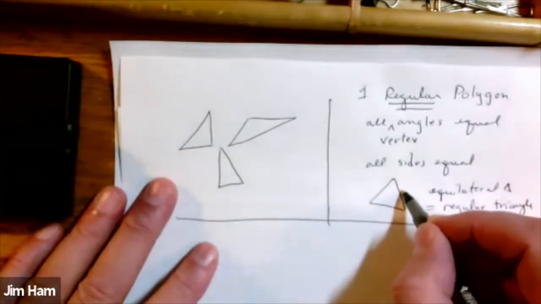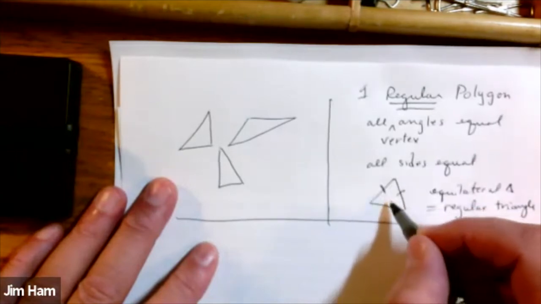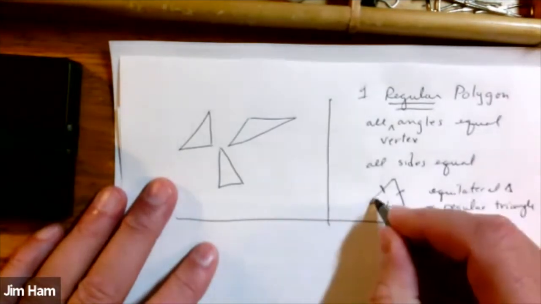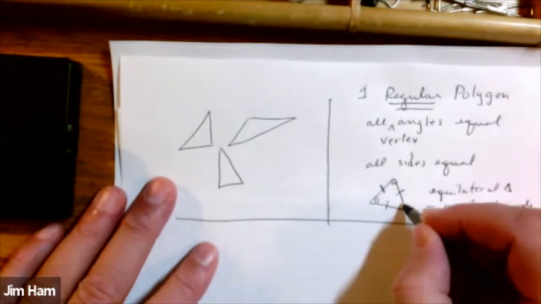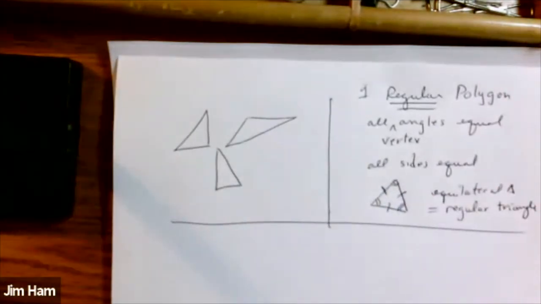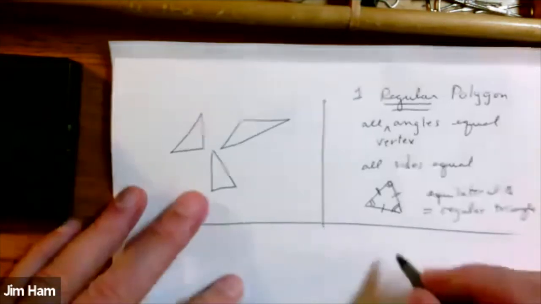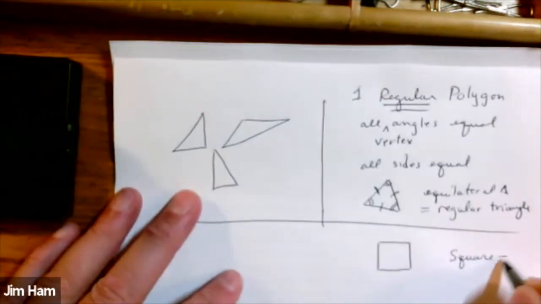But what's key about regulars is that all the sides are equal and all the angles are equal. In a quadrilateral, if we want all four sides to be equal and all four angles to be equal, there's only one shape that meets those conditions, and that is the square. So the square is equal to the regular quadrilateral.